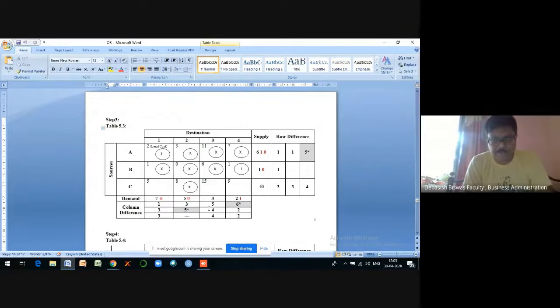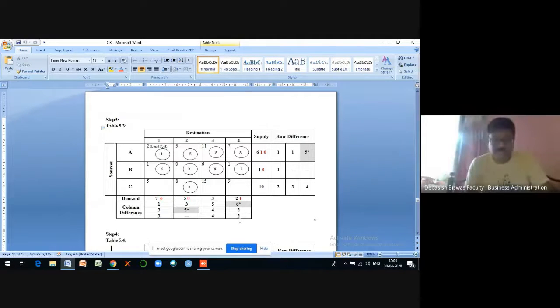Here it is hyphen, here it is also hyphen, right? And here the difference 5 minus 2, 3, hyphen. Then here the difference will be 15 minus 11 equal to 4. And here 9 minus 7 equal to 2. Right?